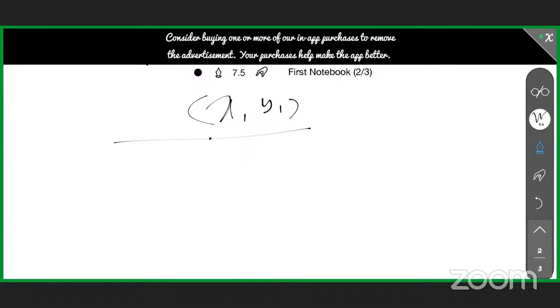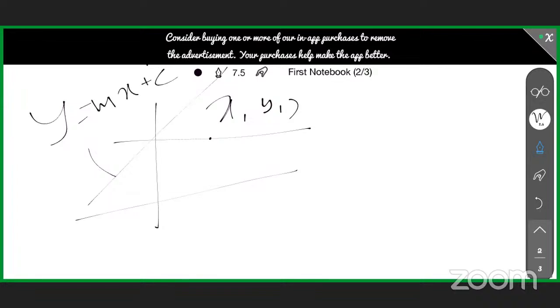Let us say there is one line y is equal to mx plus c. This is the line y is equal to mx plus c, and this is another line making an angle alpha with this line.